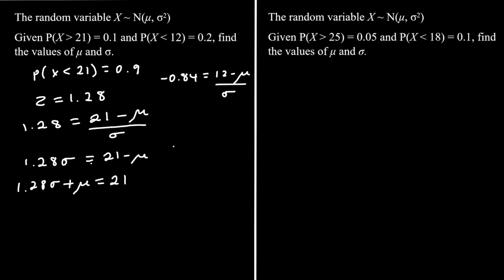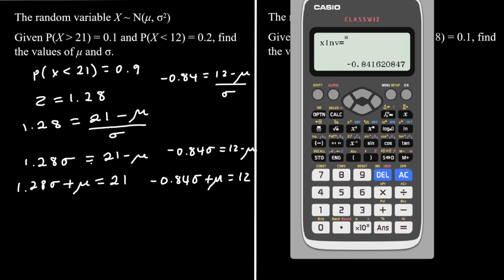And for the other one, negative 0.84 times standard deviation is 12 minus the mean, or negative 0.84 standard deviation plus the mean equals 12. So we can just solve these on our calculator.